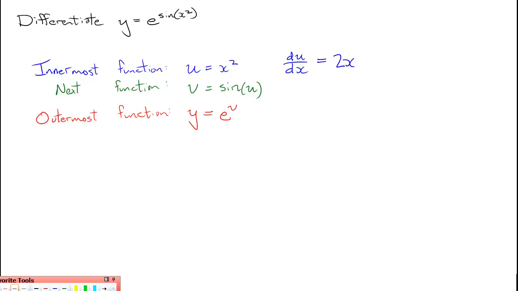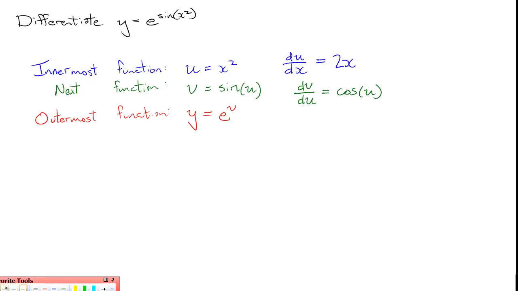That derivative is 2 times x. Then we're going to take the derivative of the next one. So here, we need to be careful with the letters. So we wrote v equals sine of u. So when we differentiate that, we're going to take dv du. The derivative of sine is cosine.